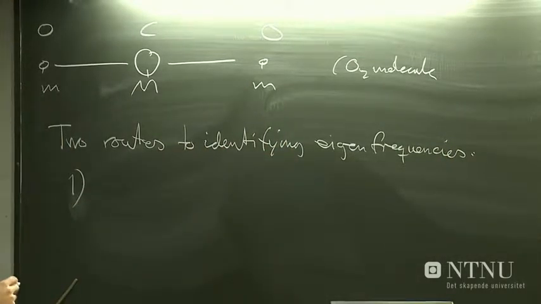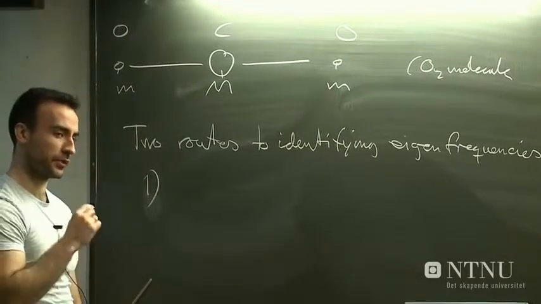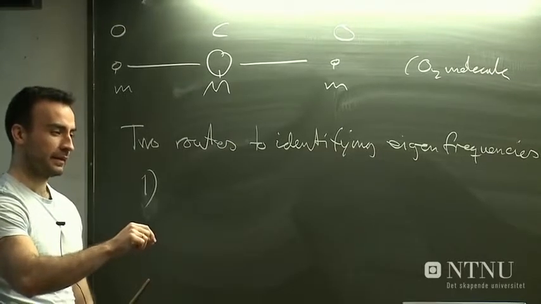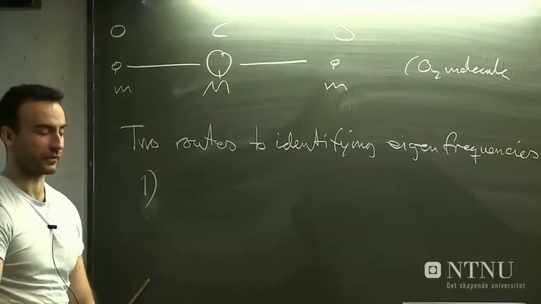So the first route, which, if I recall correctly, was the one we began with in the previous lecture, was to first transform the generalized coordinates in the system to the normal coordinates of the system.